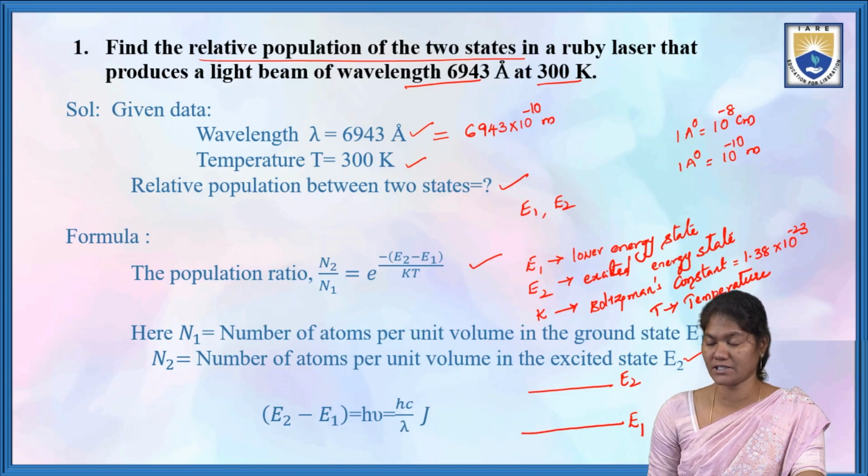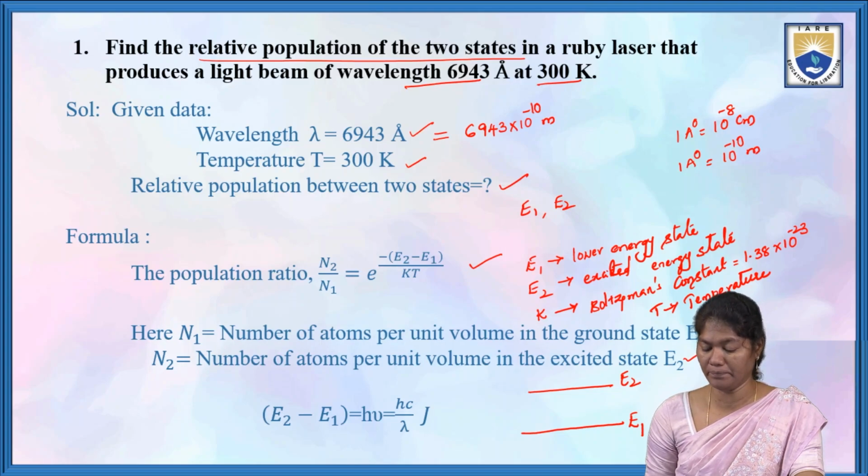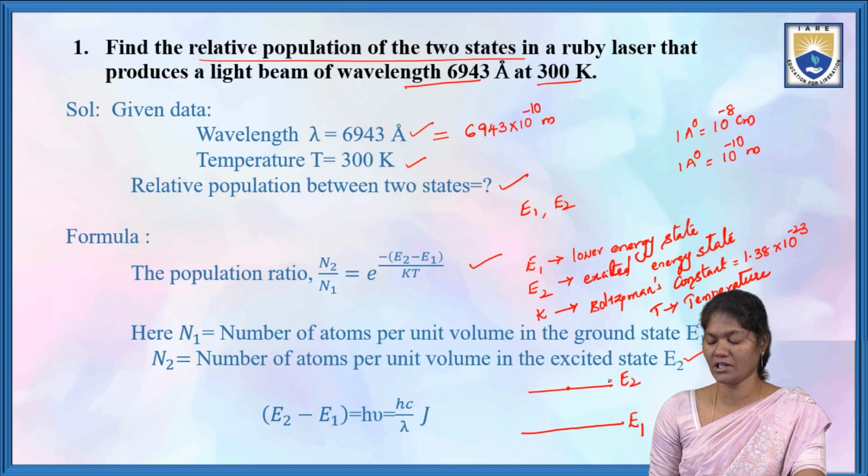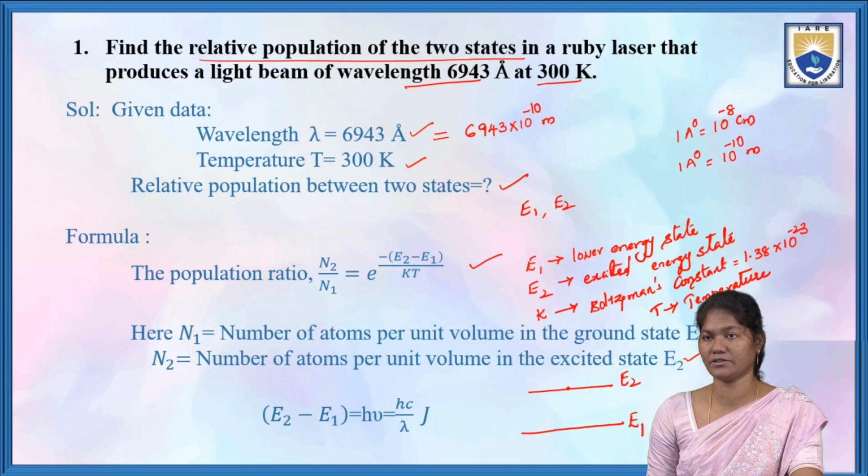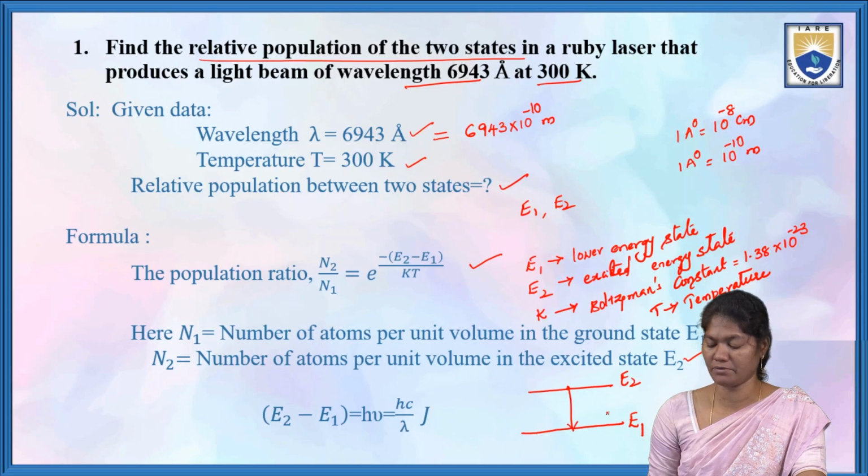As we are discussing the ruby laser, the atom in the excited state after its lifetime transits to the lower energy level by emitting a photon of radiation h nu.